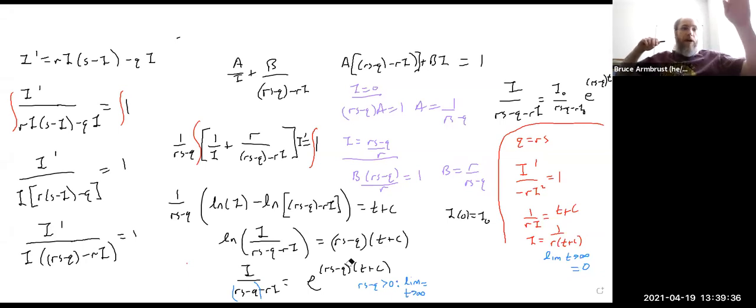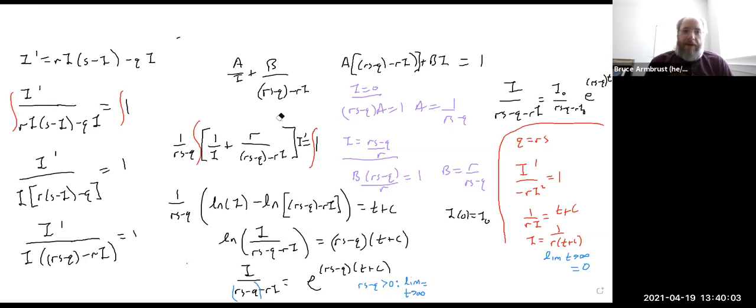It's either going to grow without bound or drop to 0. And so that means that your limit's going to do one of two things. It's either going to grow without bound, or it's going to approach something else where the thing goes to 0. So you still need to solve this for I. I was trying to be lazy.